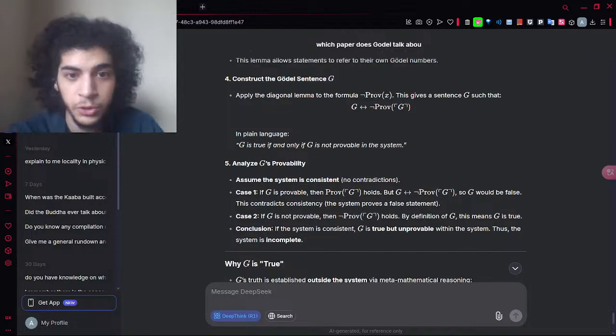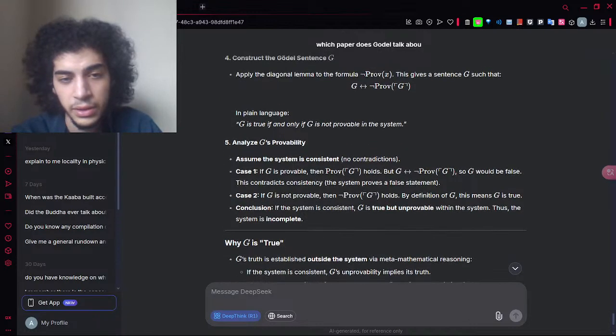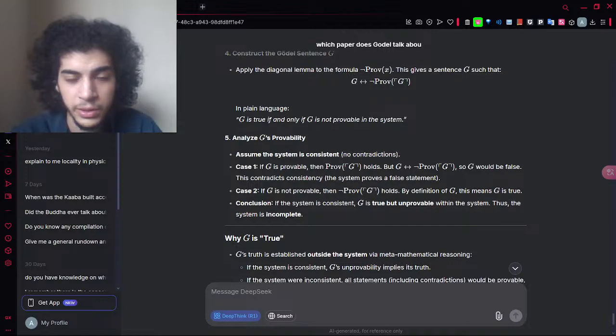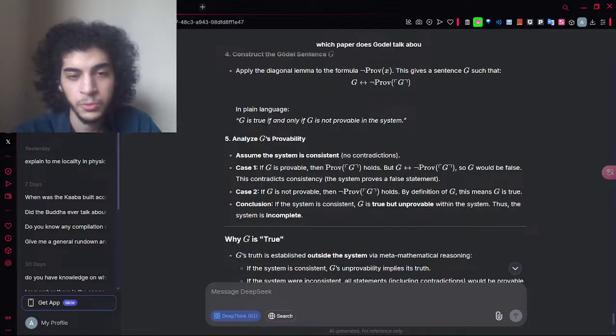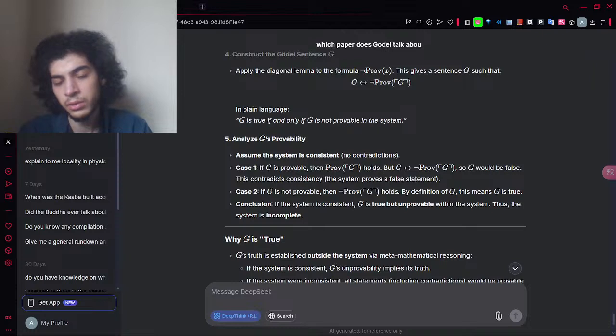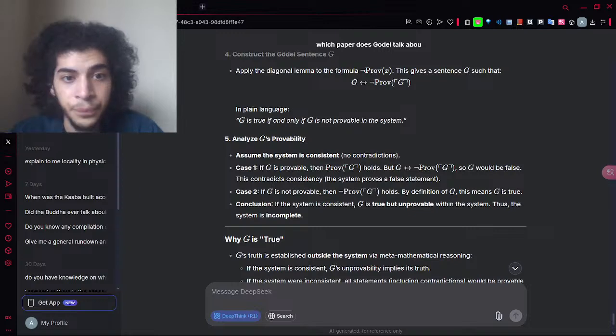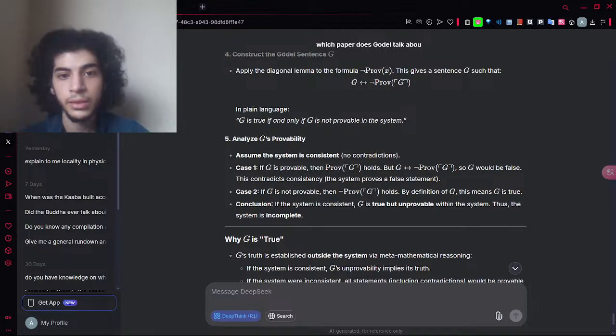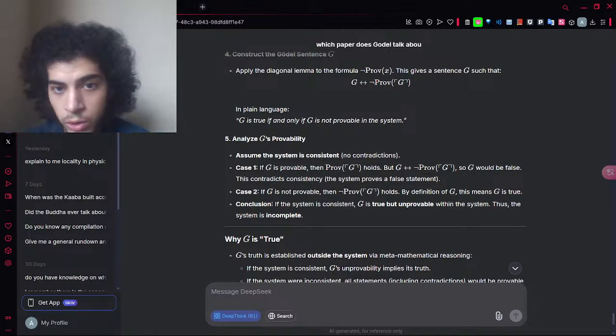Assume the system is consistent. I'm not sure if you have to assume, it doesn't really matter. We're talking about the system. Oh, okay, there are no contradictions in the system. Otherwise, if there are contradictions, let's take the contradictions out. Case 1: if G is provable, then Prov(Gödel number of G) holds.